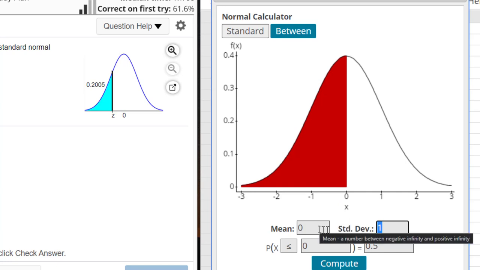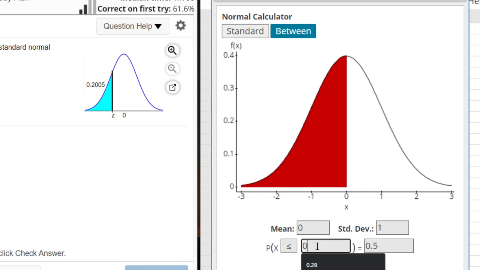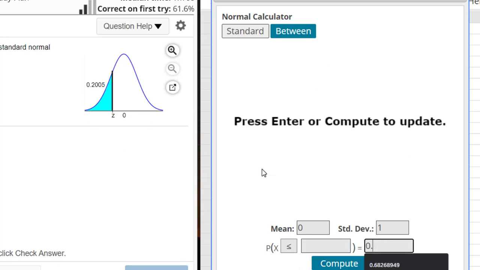Now, the difference here is you won't know this x value, or this z value. In this case, the problem we're looking at is actually a z and not an x. But you do know the area. We are given an area of 0.2005 for this.